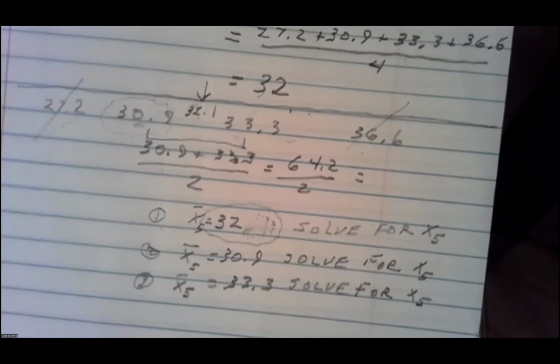And if we subtract 128 from both sides, we have x sub 5 is equal to 26.5.